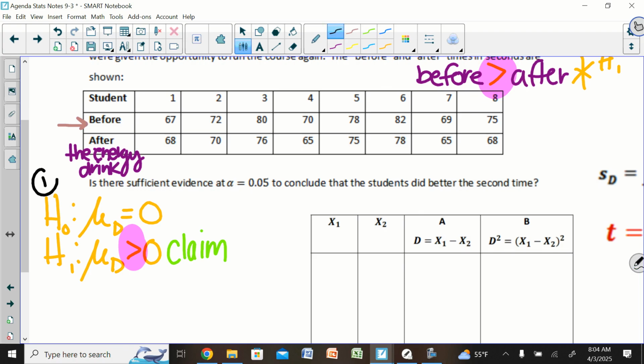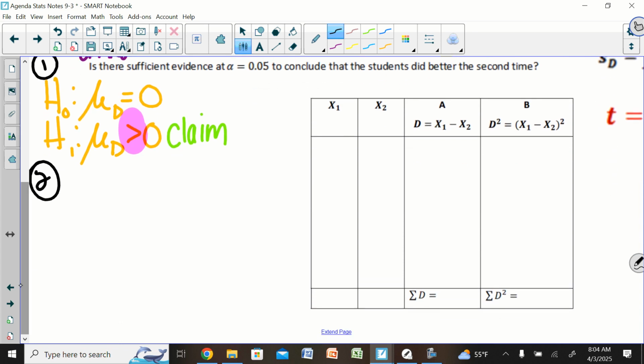Step 2 is to calculate our test statistic. So we know that we're going to have to do that t equals, but let's put our data in here. So I'm going to put all my x1s, luckily I have this on paper, and I write them down next to each other because otherwise I get confused. So my first student had a before of 67 and an after of 72.